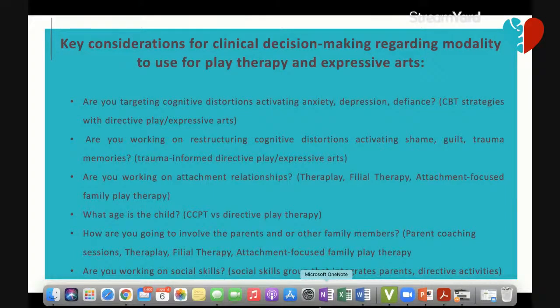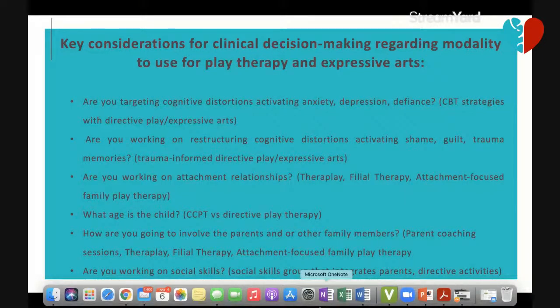So if we can integrate in siblings and reinforce and help with those healthy relationships and attachments within the family system, I just think that's a really important thing that we can help our clients with.